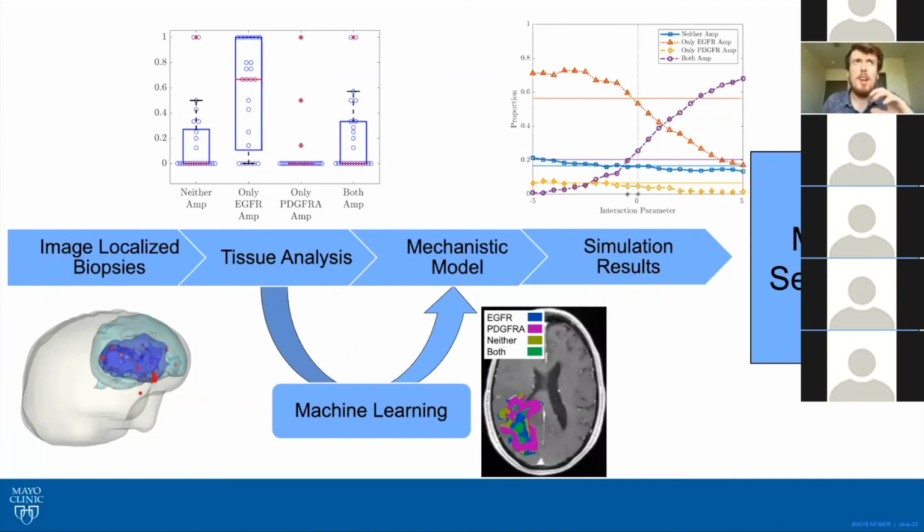So can we associate the genetic makeup of those biopsies to what we see locally on those MRIs, remembering that we have those biopsy locations localized on the image, and then use that relationship that we've ascertained through machine learning to fill in the gaps on the MRI and create what we believe with certain accuracy, or with some probability, where these subpopulations are.